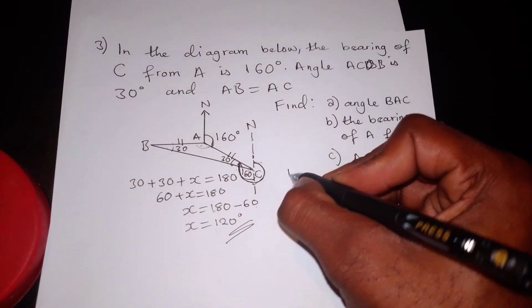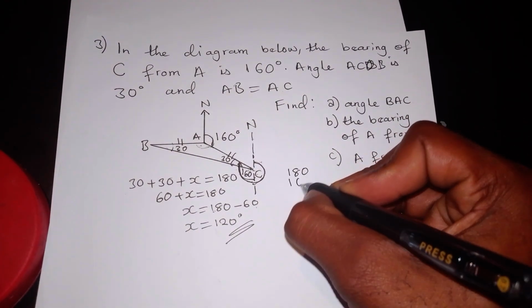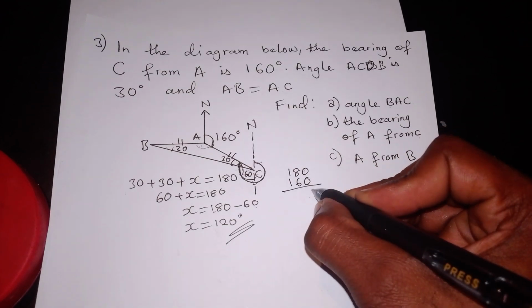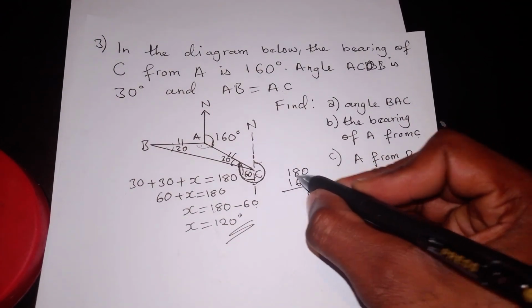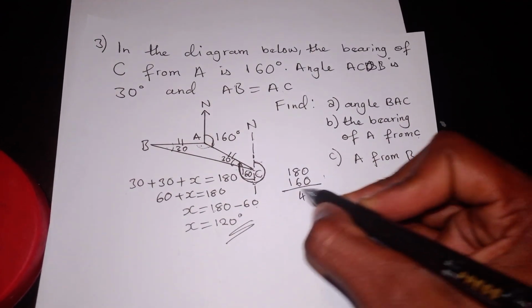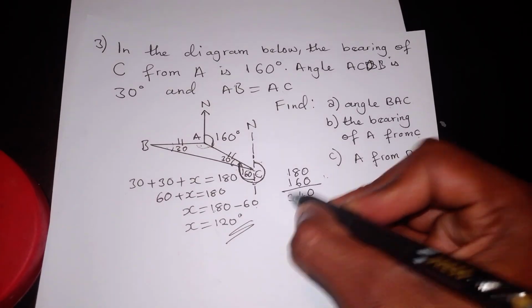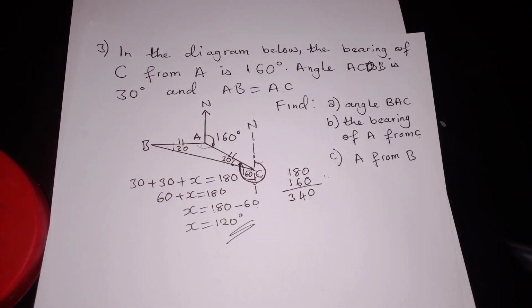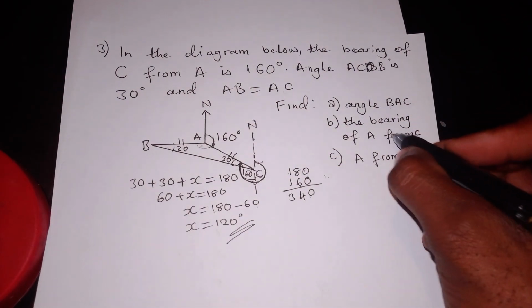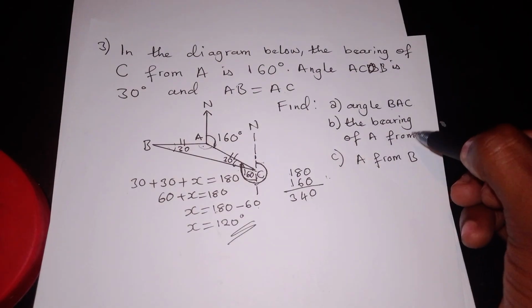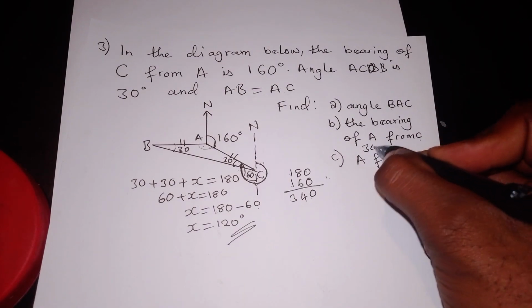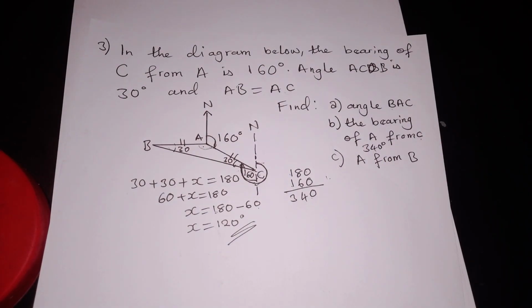Altogether you have 180 plus 160, which gives 340. So the bearing of A from C is 340 degrees, and you're done.